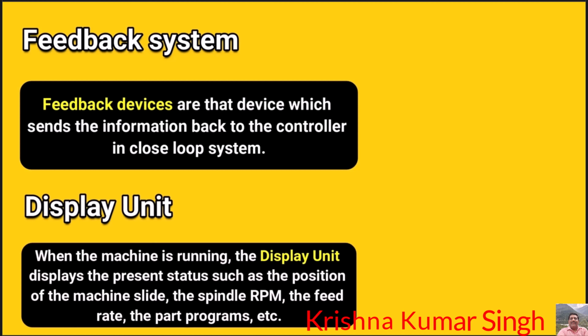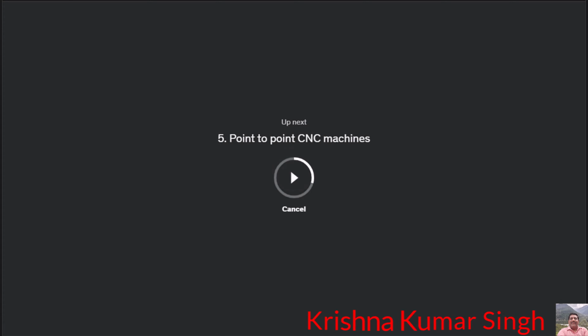The display unit serves as an interactive device between the machine and the operator. When the machine is running, the display unit displays the present status, such as the position of the machine slide, the spindle RPM, the feed rate, the part program, and many more.